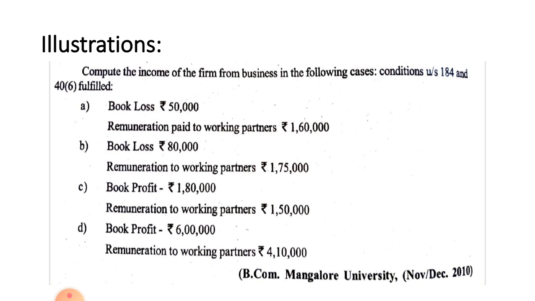Let us solve this problem. Compute the income of the firm from the business in the following cases. Condition 184, relating to assessment of firm, and 40(b), relating to remuneration, are fulfilled. Here 4 conditions are given. We have to calculate the income of the firm in these 4 cases.